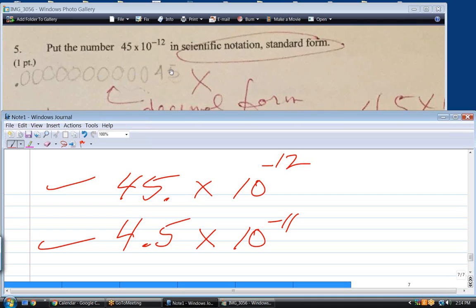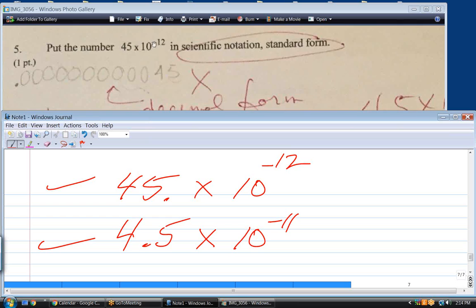If I wrote this number the way you've written it, only attempting to put it into scientific notation, it would be times 10 to the 0, because that's the number 1. And now, if I'm going to move my decimal point 11 places, I've got to subtract 11 from that 0, so I end up with 10 to the minus 11. But that's certainly doing it the hard way.